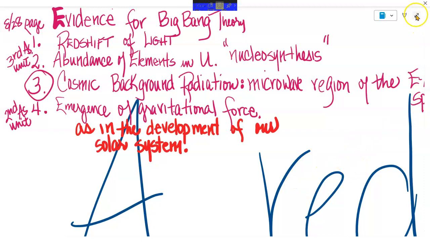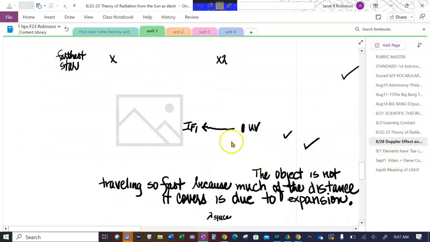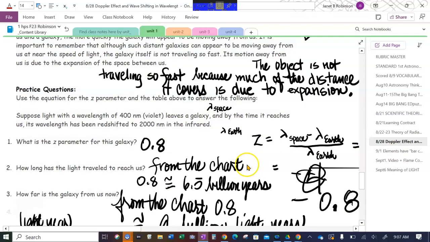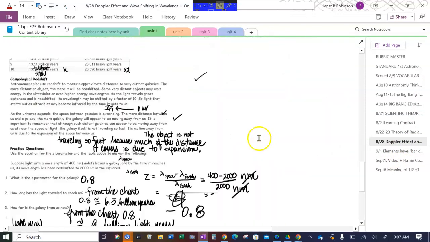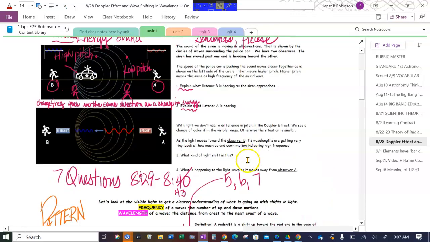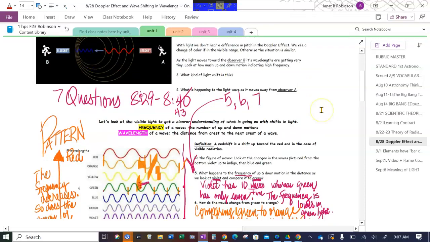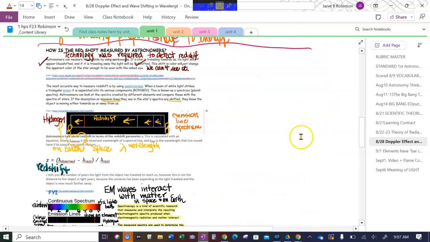Pretty much then, what we have talked a great deal about is the Doppler effect. I would go over this one right here and just make sure you understand it. We did a good job, I think, on the Doppler effect.